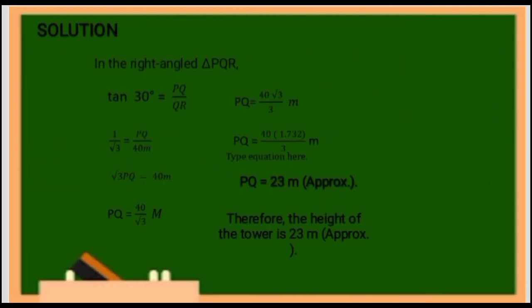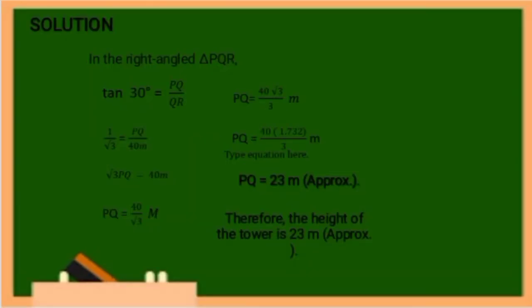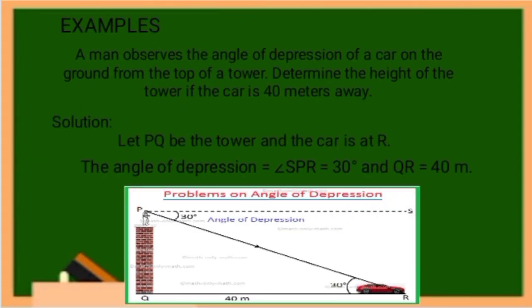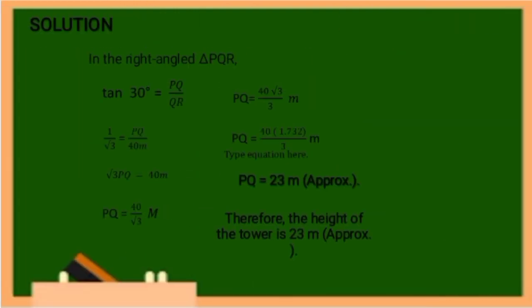Then our QR here is equal to 40 meters. So we will just substitute these values. So we have 1 over square root of 3 is equal to PQ over 40 meters.